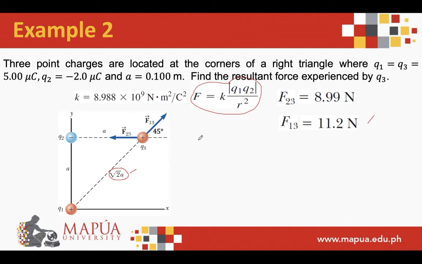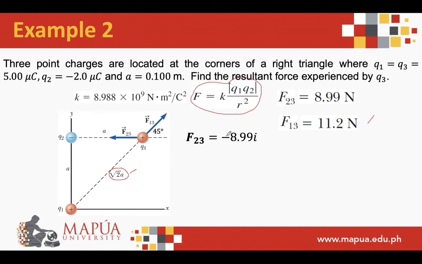Now, how do we get the resultant vector acting at Q3? Since F23 is directed to the left, in vector form we have negative 8.99 times the unit vector i, so negative to the left.